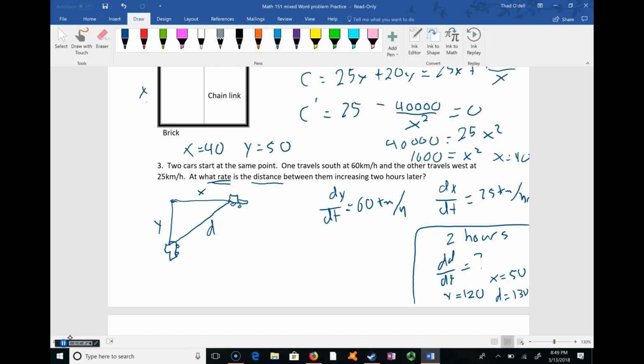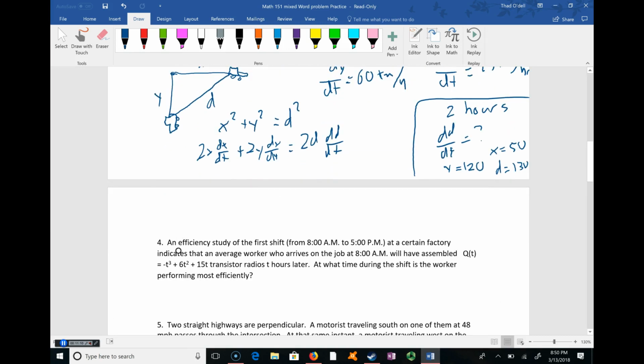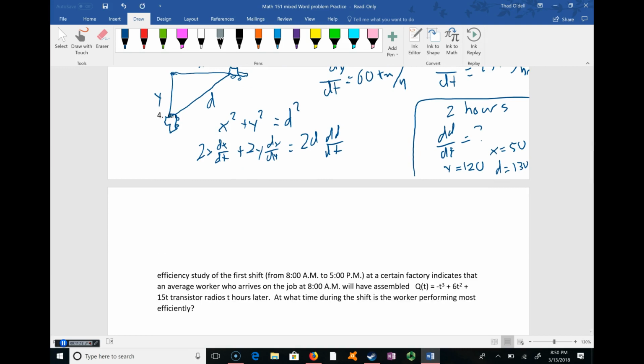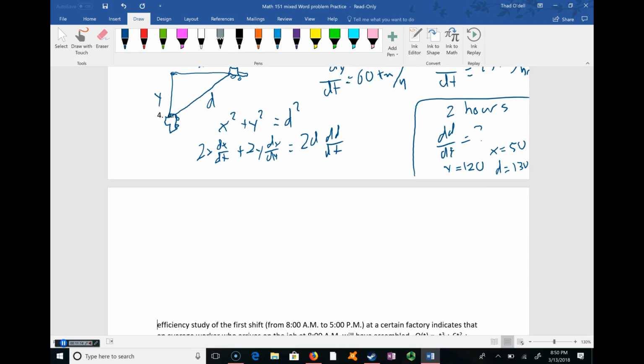So let's write our equation. There's an obvious Pythagorean theorem here, so x squared plus y squared is equal to d squared. Take the derivative of both sides, we get 2x dx dt plus 2y dy dt is equal to 2d dd dt. Okay, so let's plug in everything we know.